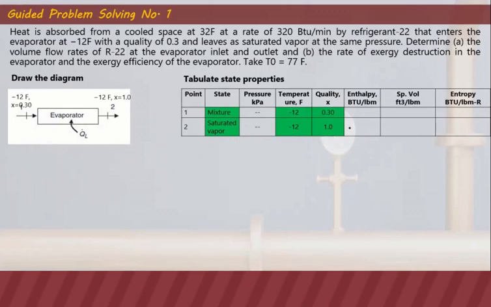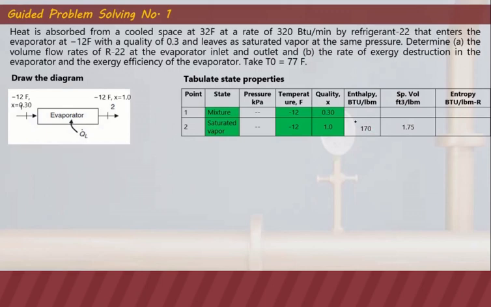Then we can use our software to get the enthalpy. Since we are given English units, you can use the English units in the software to get the BTU per pound mass, and that is 170, and the specific volume, and that is 1.75 cubic feet per pound mass. So we already have these values from the software.